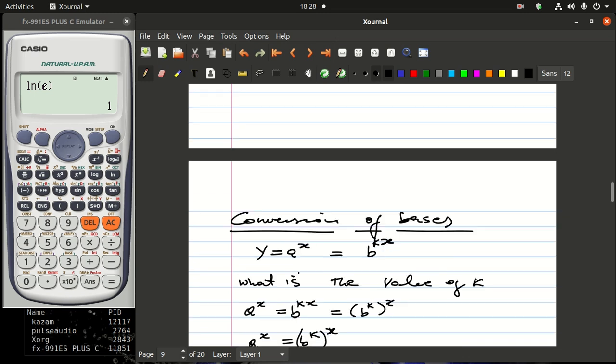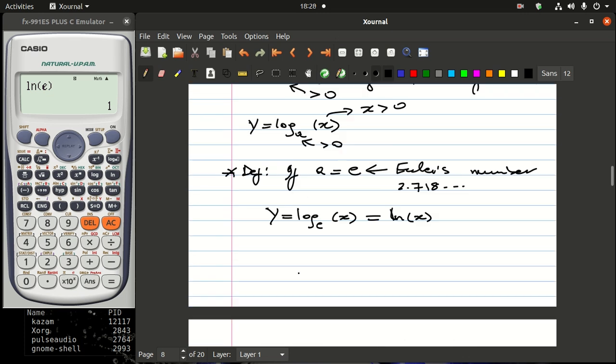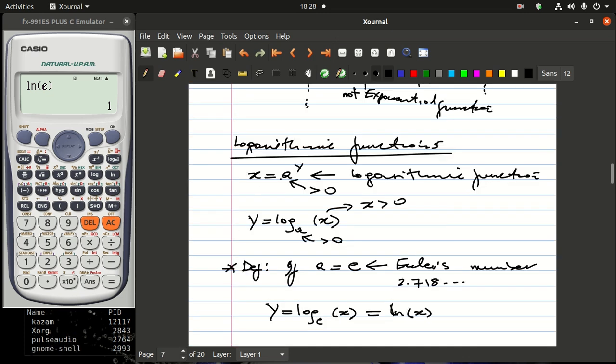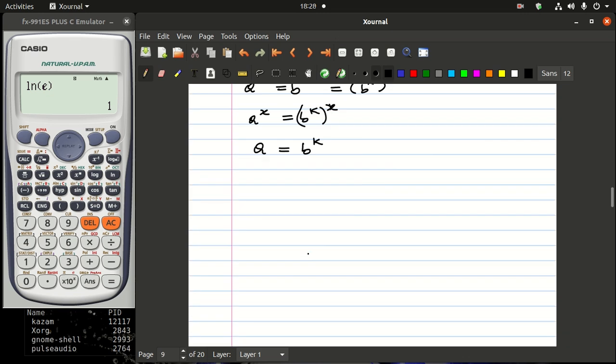If you go back to what we were trying to explain here, we said that x is equal to a to the power y is the same as y is equal to log base a of x. So these two things are the same. In other words, whenever I have some number equal to some base raised to an exponent, this is the same as saying the exponent is equal to log base, and the number inside.